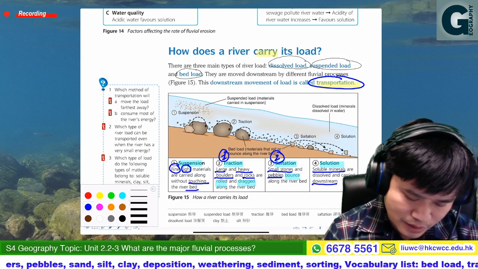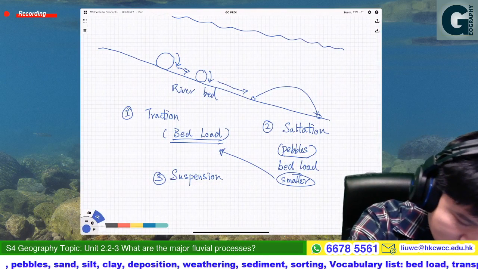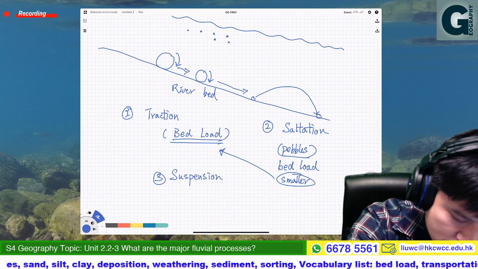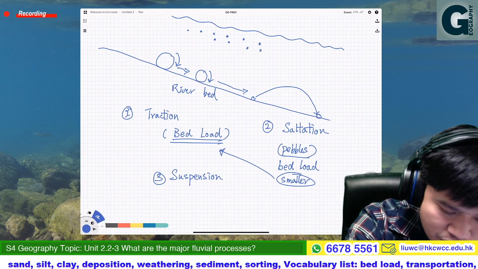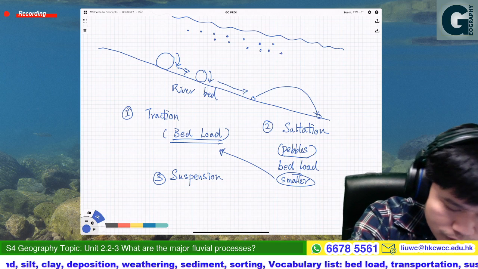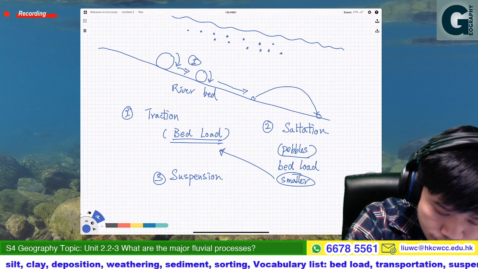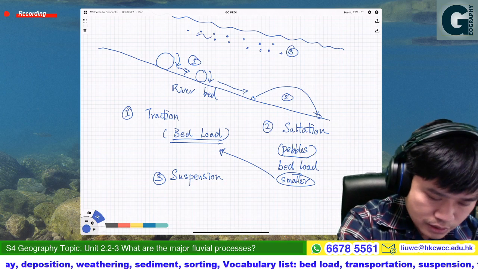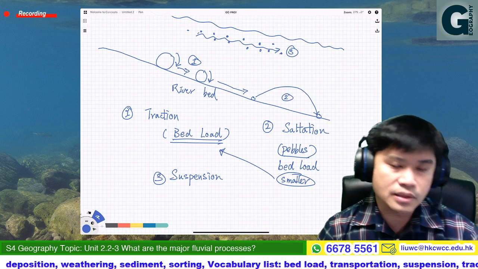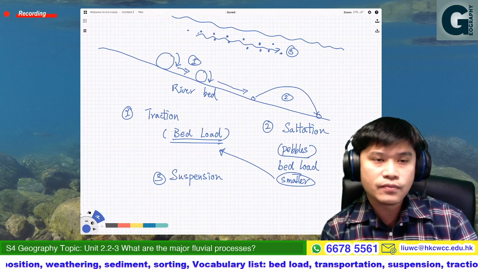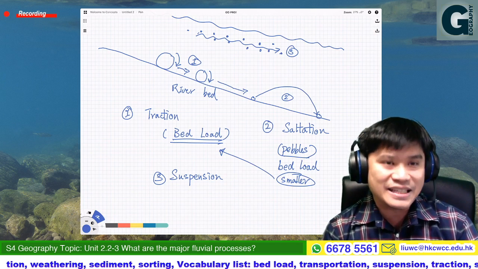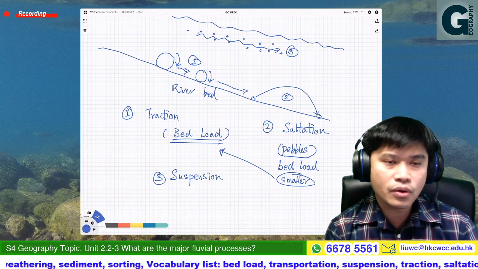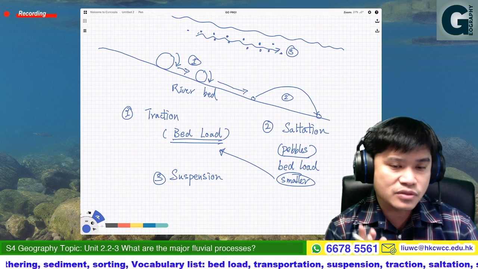So for suspension, those debris will just flow in the river, and most importantly, they won't touch the riverbed, as the size is very small and also very light.